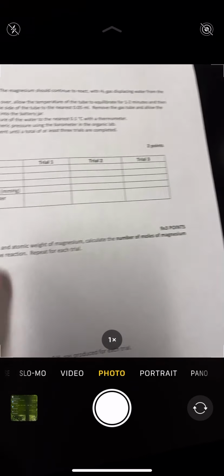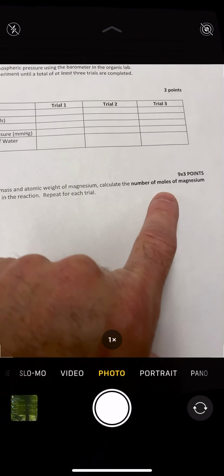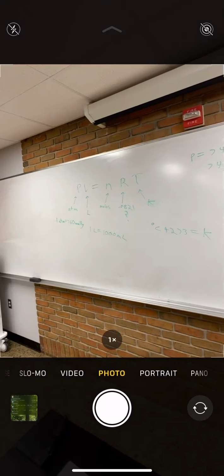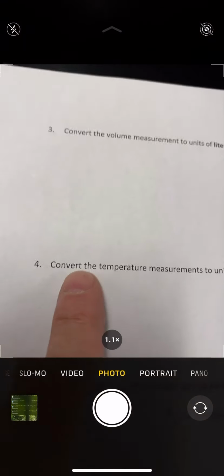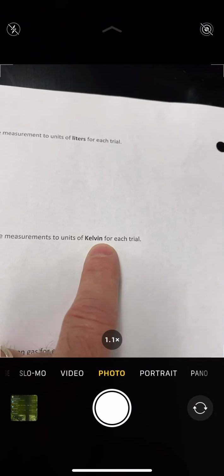You're going to do the calculations, converting mass to moles of magnesium, and then moles of magnesium to moles of hydrogen gas. And then the 45.40 milliliters to liters, right? Using 1 liter equals 1,000 milliliters. You're going to convert temperature to Kelvin, right? The temperature of the water tank.